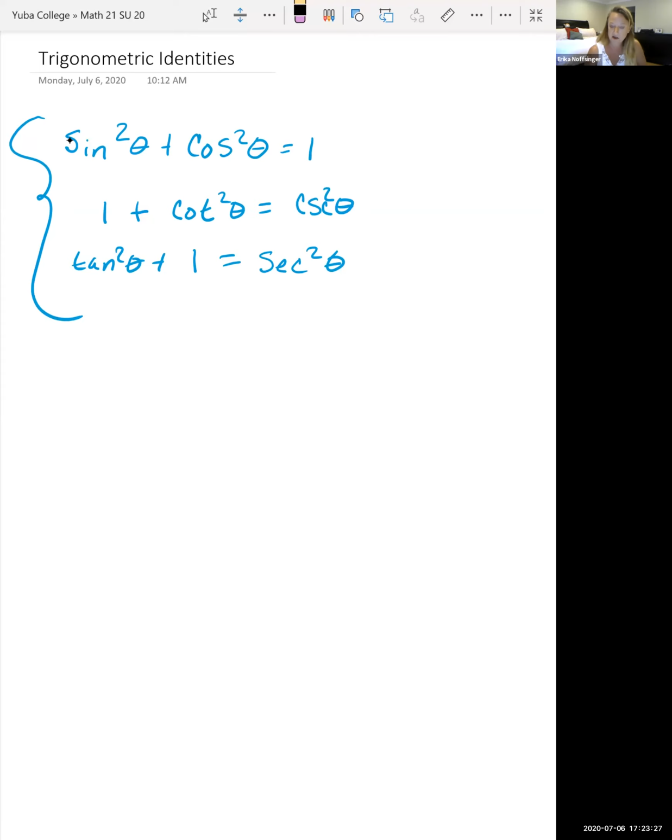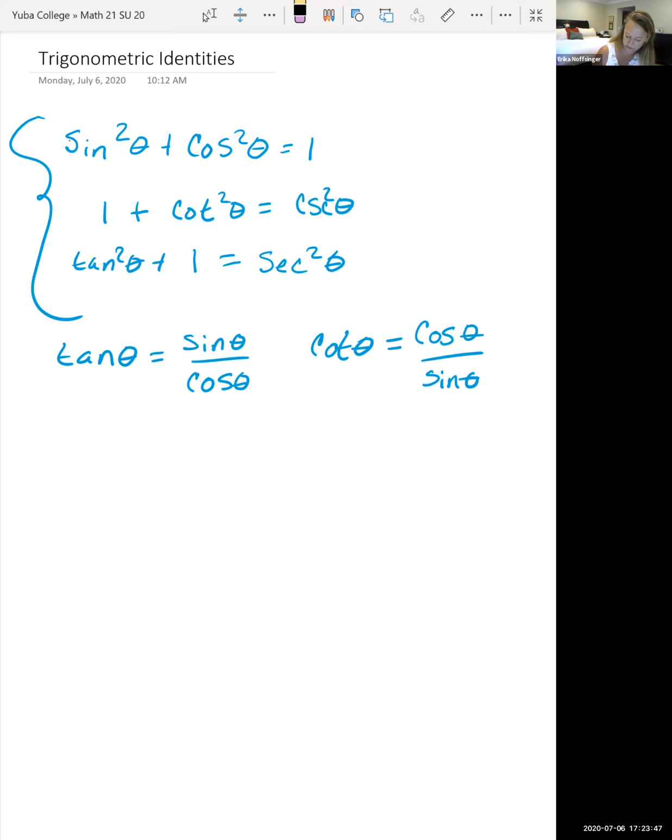The other things that you guys should remember, and hopefully you do, is that tangent theta is the same thing as sine theta over cosine theta. Cotangent theta is the same thing as cosine theta over sine theta. Secant theta is 1 over cosine theta.